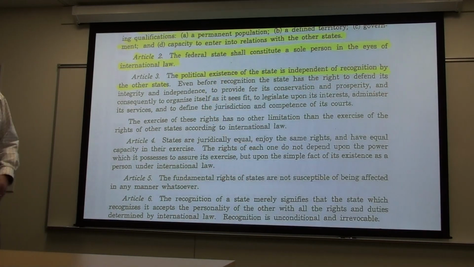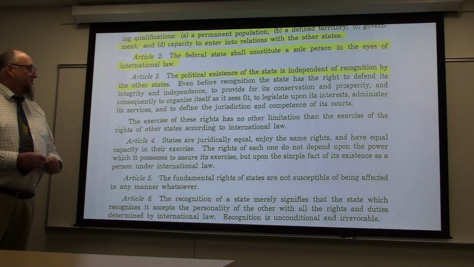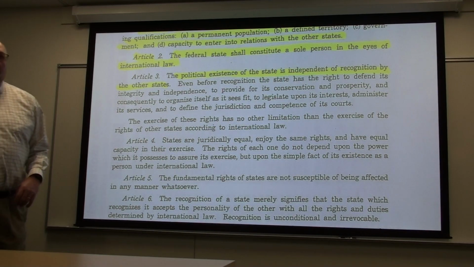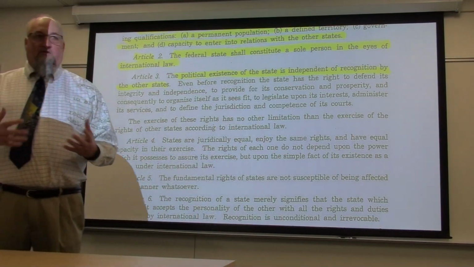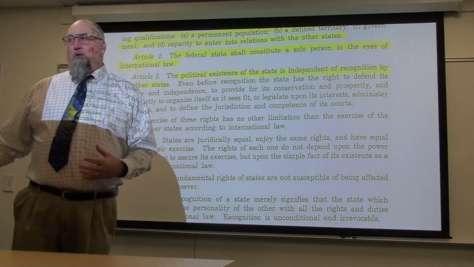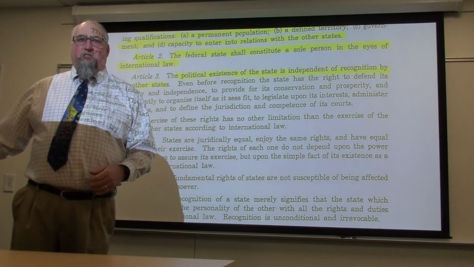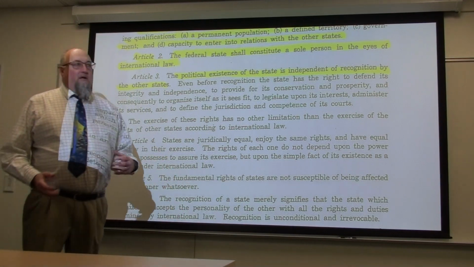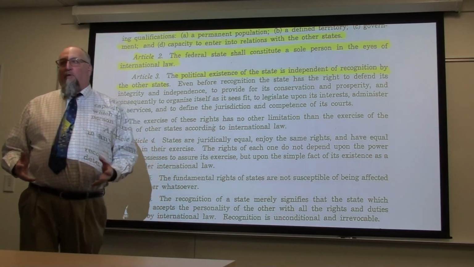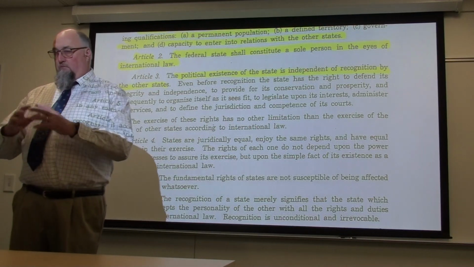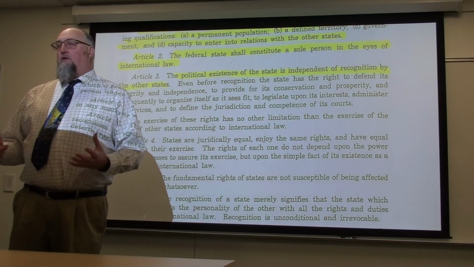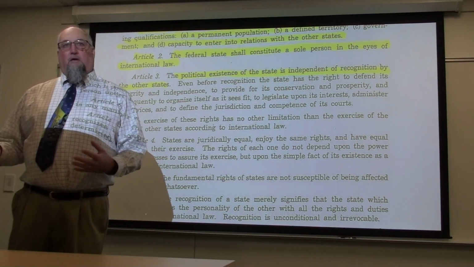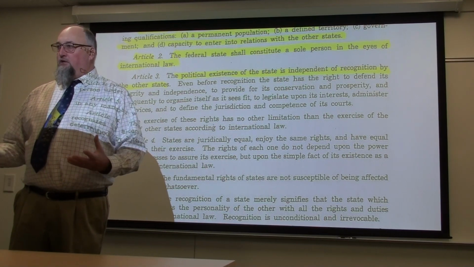So this paragraph 3 is sort of the idea that the state may declare itself to be independent. It may meet that initial 4-part test, but other states may or may not yet have recognized that area as actually being a sovereign. And that may occur for various reasons: politically, economically, historical affiliations.